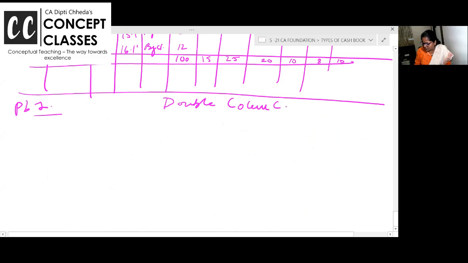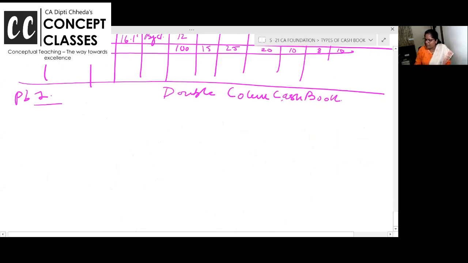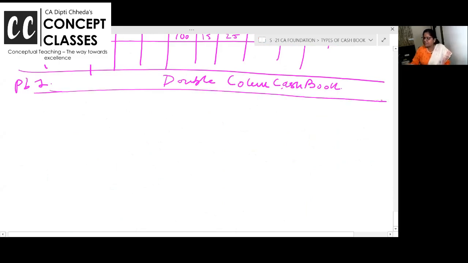Double column cash book. Because if it is single column, just discount column won't be there. So double column cash book we will do. साथ में करें. You check it up. It's a very simple problem, so it will not take much time.